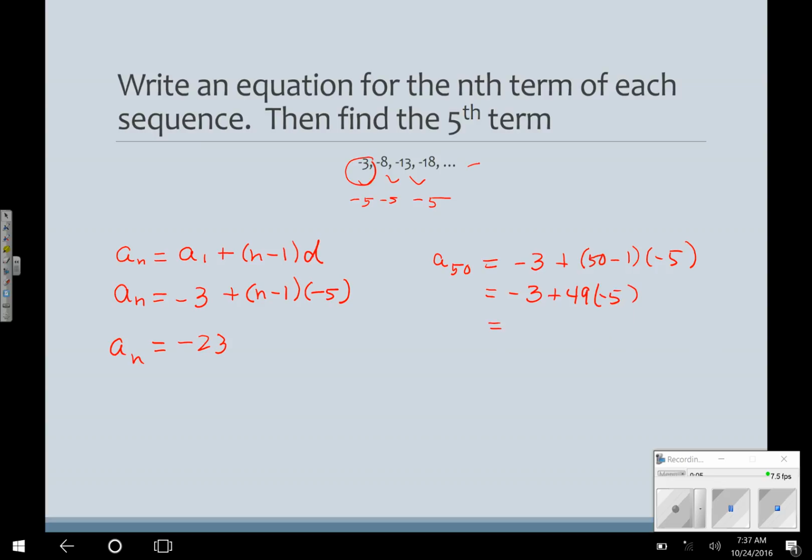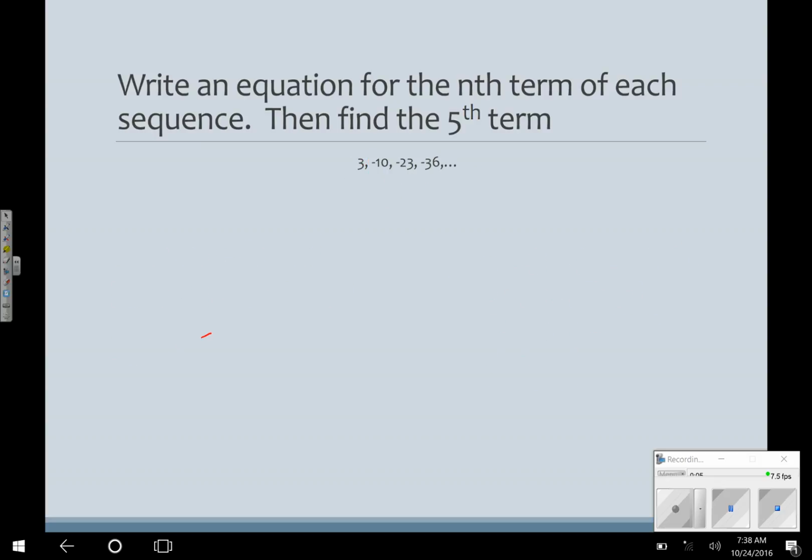And if I simplify that, 49 times negative 5 is negative 245. And then if I add those together, I'm going to get negative 248. So my 50th term is negative 248. I can find the 100th term using that formula. I can find the 1000th term using that formula. So the formula is a nice thing to have.